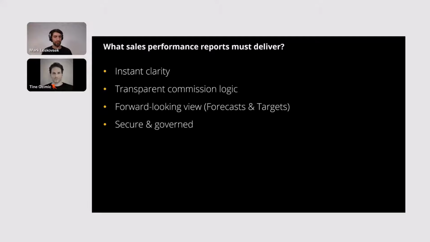Now, all of this, of course, needs to be secure and governed. So we need role-based access. We can ensure row-level security for sensitive revenue and commission data. And in the end, as we said, this needs to work for everyone, optimized for desktop consumption with executives, but also for sales reps in the field.